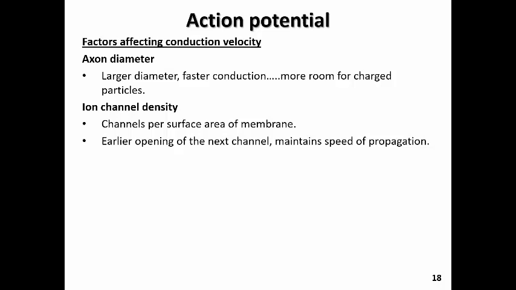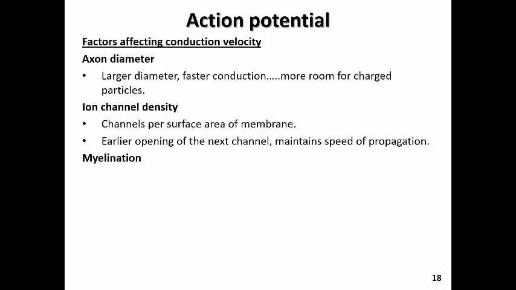And the reason that's an advantage is that if the next protein to open up to allow sodium ions to flow in is closer to the one that just opened, that next one is going to open up even faster, which then will open up the next one faster. So it doesn't require the time for the electrical signal to slowly reach the next channel. If the next channel is closer, it's going to discharge sooner and move the entire propagating action potential signal down the axon faster.